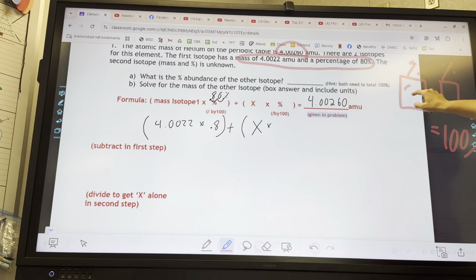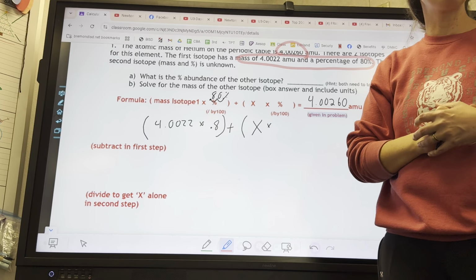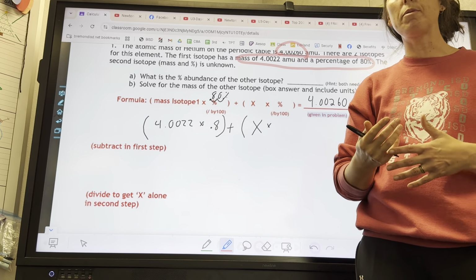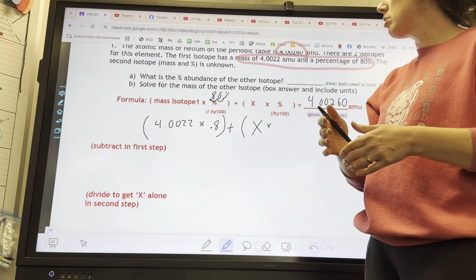So if they told us isotope 1 was 80%, 80 plus what equals 100%? 20. So if the first isotope was 80% of abundance, they occurred 80% of the time, what must the second one occur for it to be a total of 100? 20. If you need to do it on your calculator, it's 100% minus 80. That gives us 20% left.